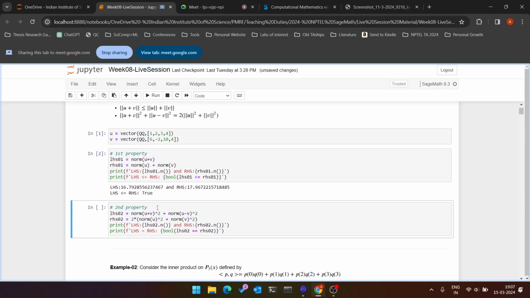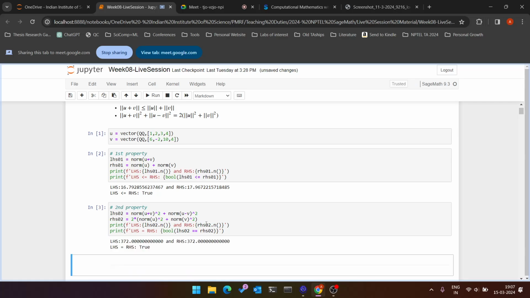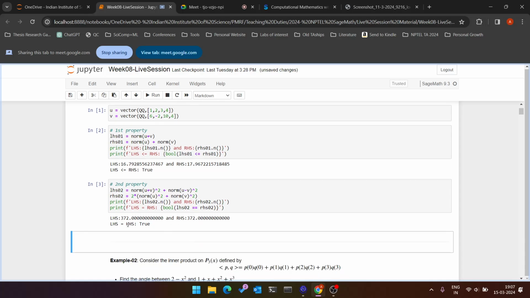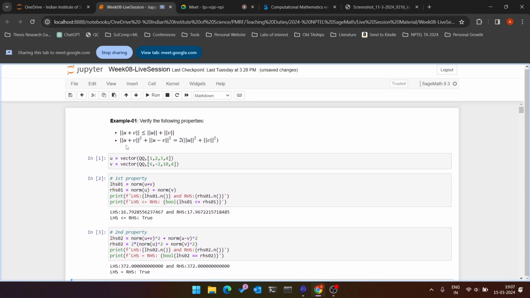So that is how we define LHS 2 and RHS 2, based on summing the respective norms. If I print out their values, we see that both the LHS and RHS have the same value, and this basically satisfies this second identity that we have.